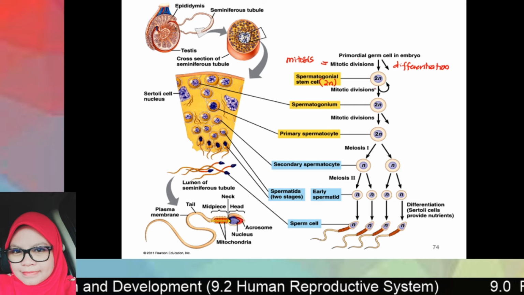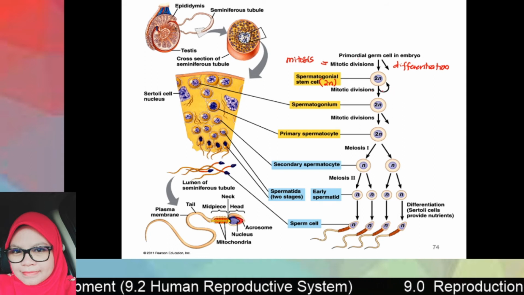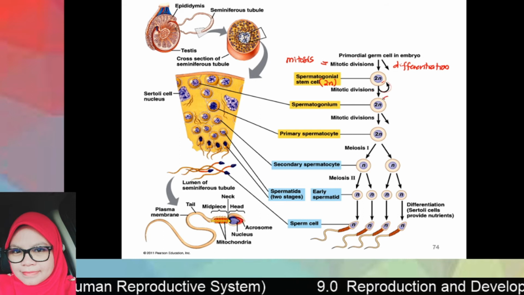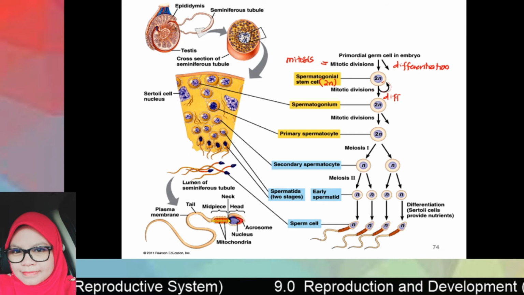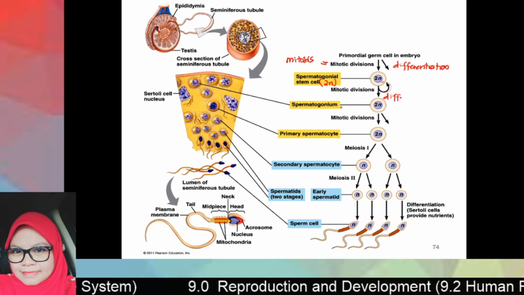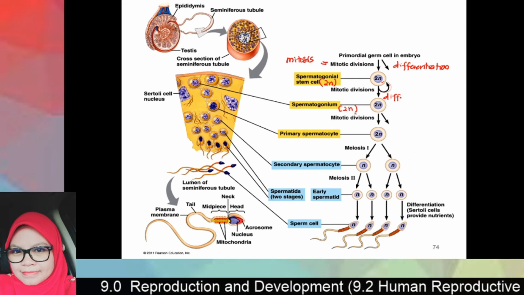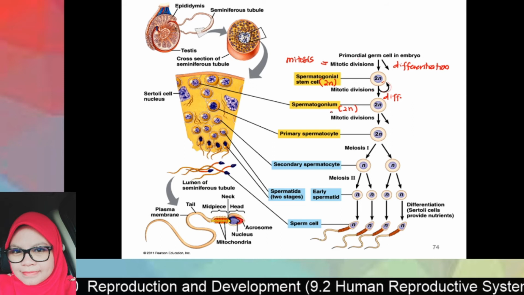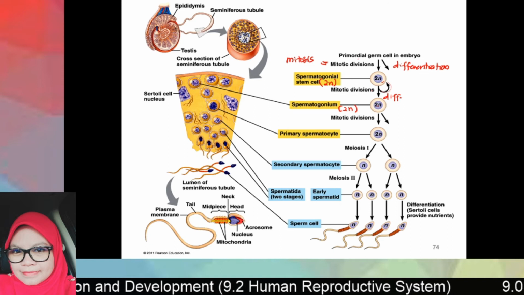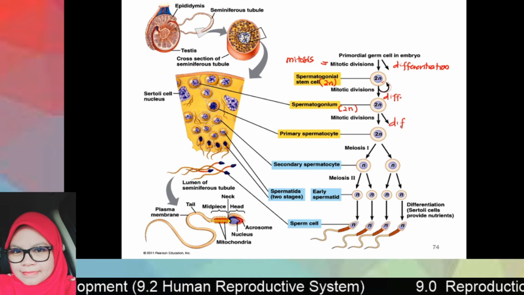Spermatogonial stem cell undergoes mitotic division to produce more spermatogonial stem cells, and at the same time undergoes differentiation to form spermatogonium, also a diploid cell. Then the spermatogonium undergoes mitotic division again, and at the same time undergoes differentiation.